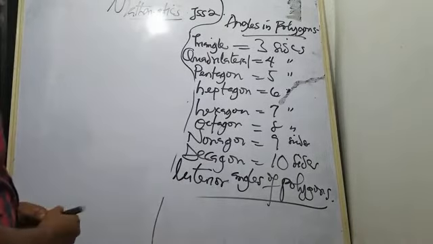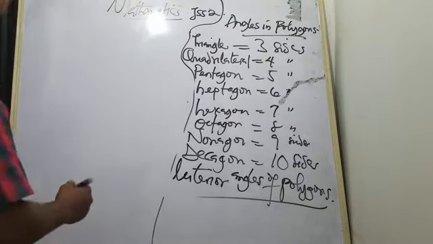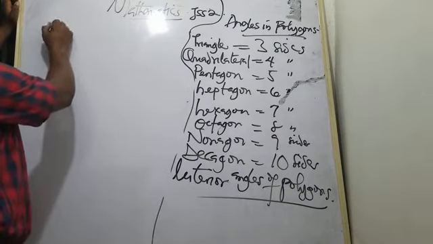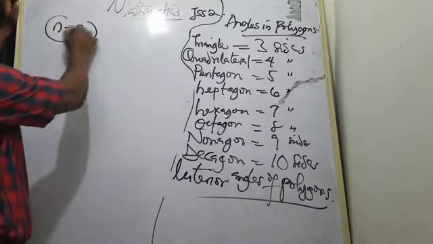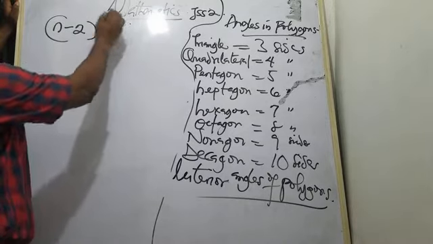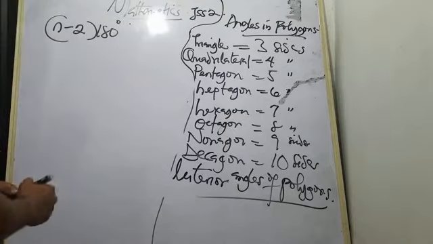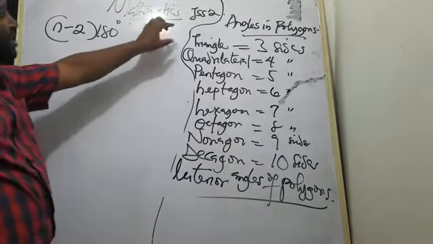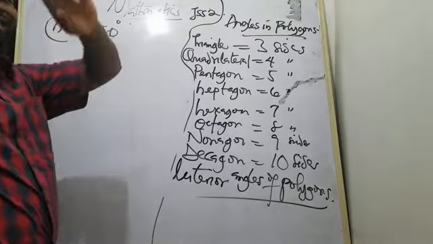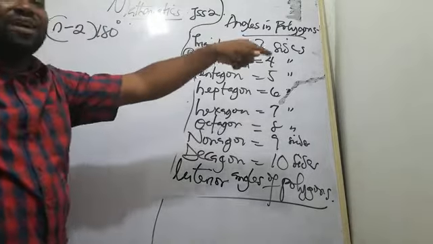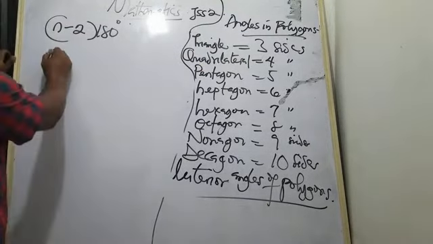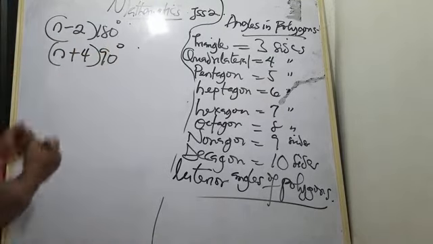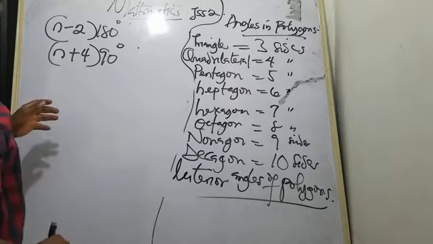This is the general equation: n minus 2 times 180 degrees, to calculate interior angles of polygons. And another one is 2n minus 4 times 90 degrees.